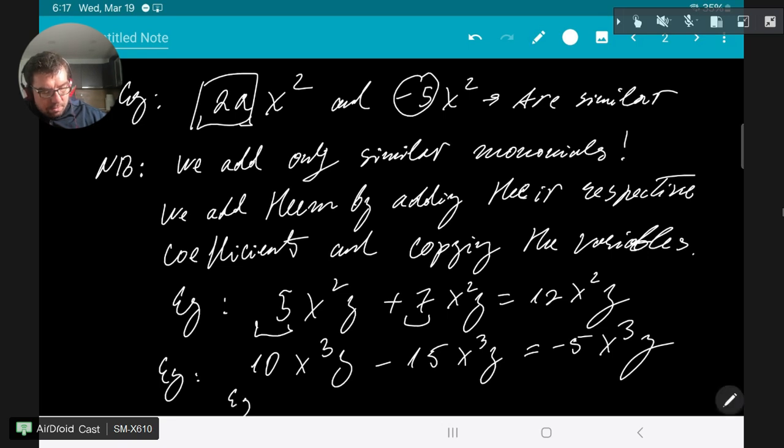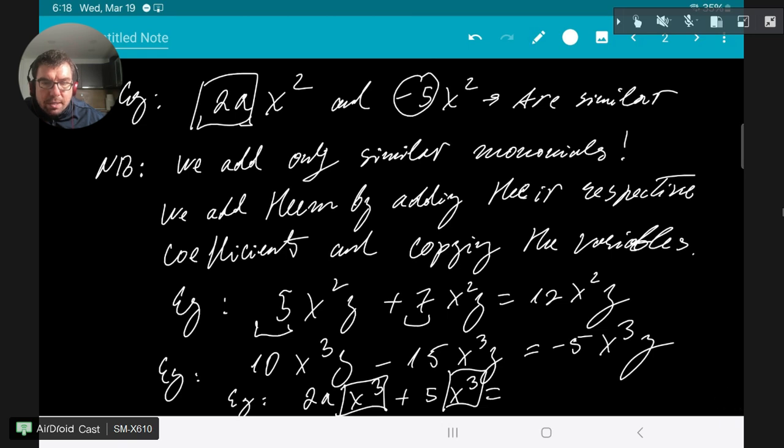And now the more tricky examples are when I have a parameter. So for example, if I have 2a x to the power of 3 plus 5x to the power of 3, I perform the same kind of operation. I take the x to the power of 3 as a common factor and I add the coefficient, so I add 2a plus 5.